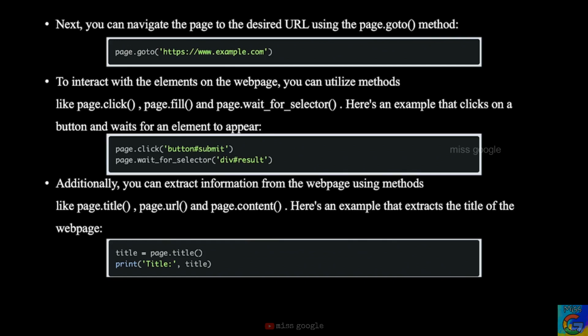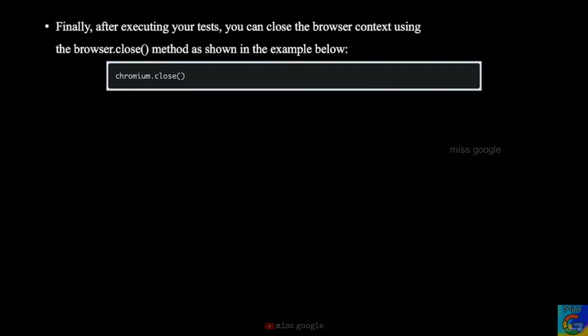Printing it with a key and value. Now, when doing scripting activities, it is best to store your information in a dictionary, and afterwards, don't forget to close the browser.